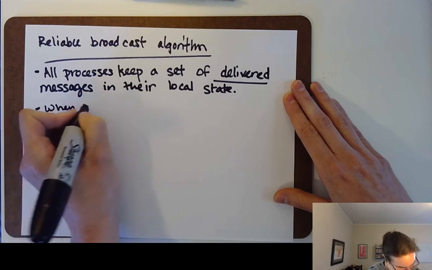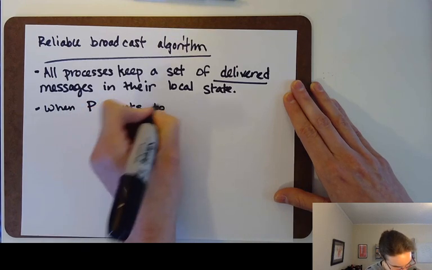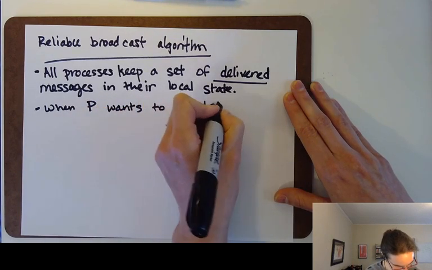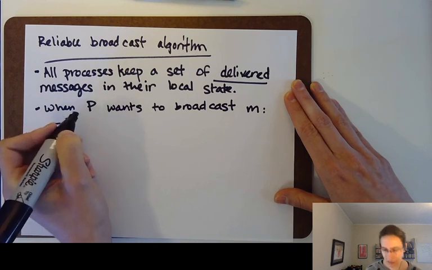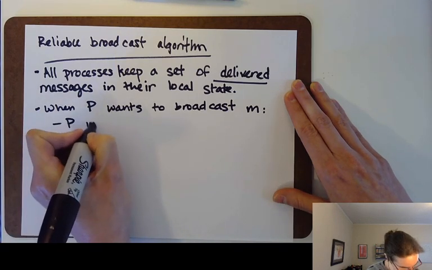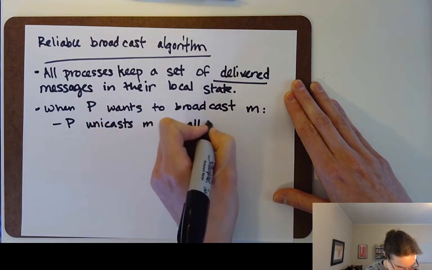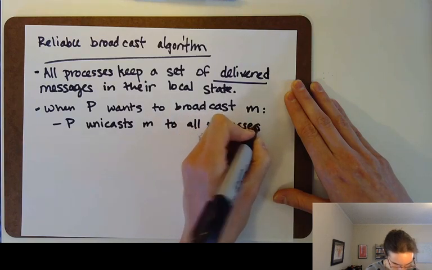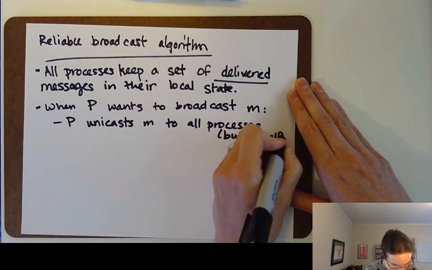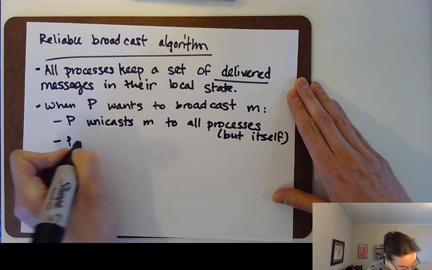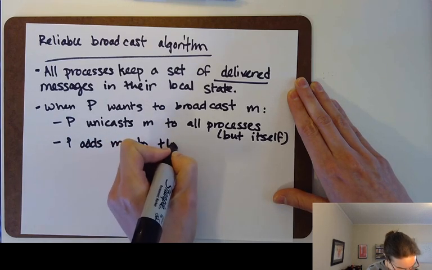When a process, let's call it P, wants to broadcast a message, let's call it M, it has to unicast that message to all the processes but itself. And then P adds M to its delivered set.